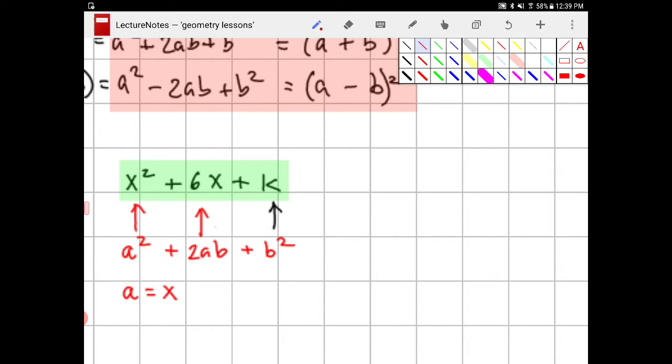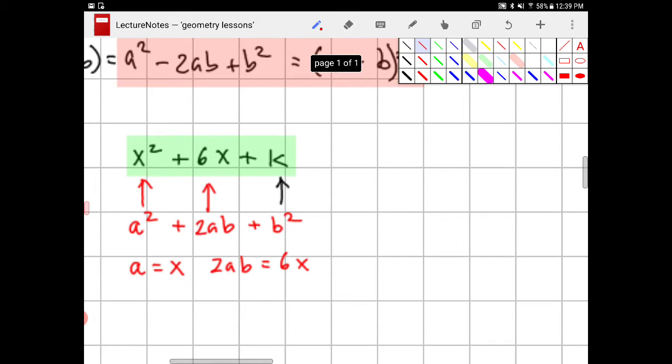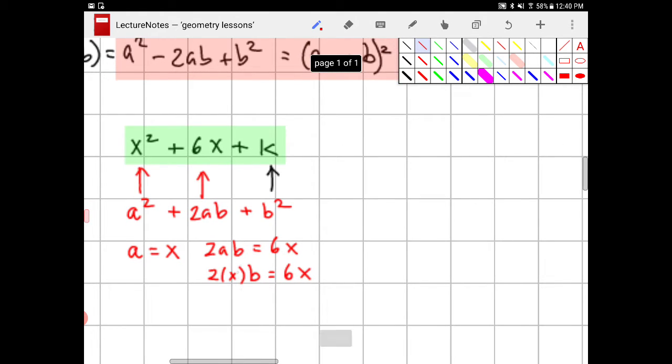And if 2ab is equal to 6x, then we have to figure out what b is, right? Wait a minute, isn't a equal to x? So I can say 2 times x times b is equal to 6x. But aren't there x's on both sides?